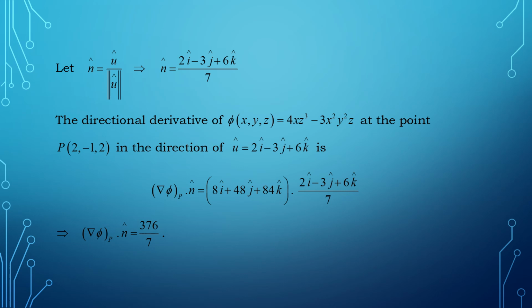So del phi at P dot n cap equals (8i cap plus 48j cap plus 84k cap) dotted with (2i cap minus 3j cap plus 6k cap) divided by 7. This in turn gives us del phi at P dot n cap equals 376 upon 7.